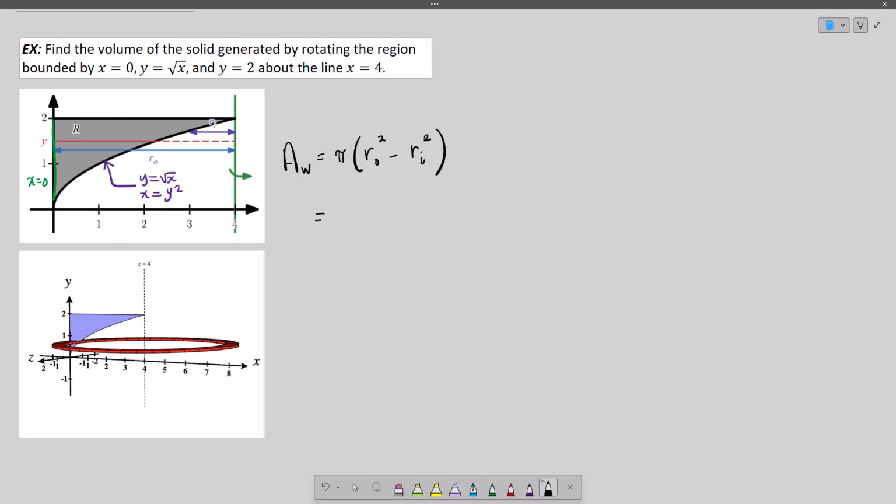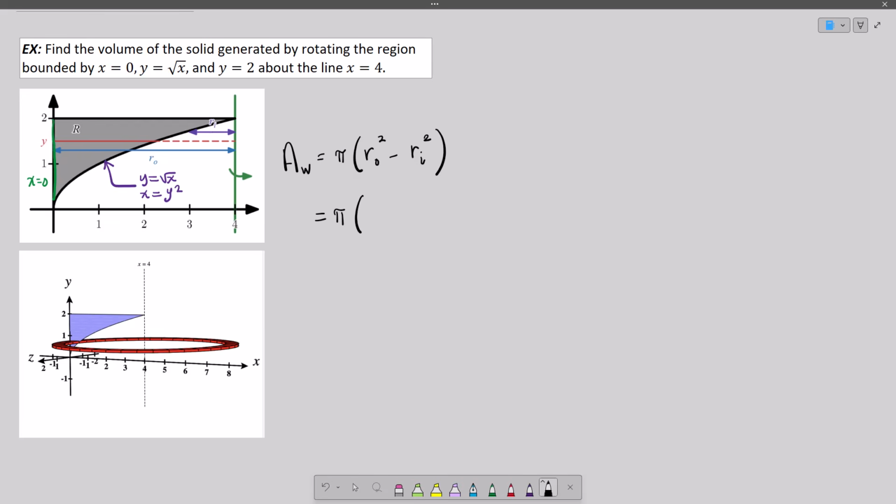We look here, our outer radius, so that's the blue. What is that distance? 4 minus 0. Right? So that blue line I have there is horizontal. The length of it is the right minus the left. The right x minus the left x.